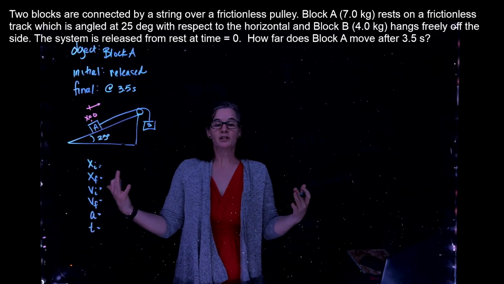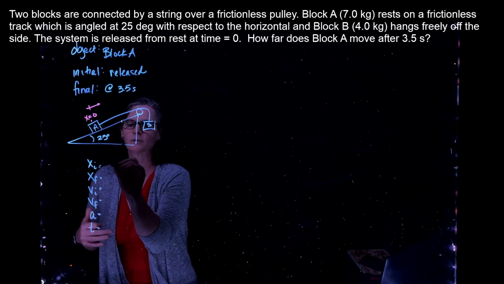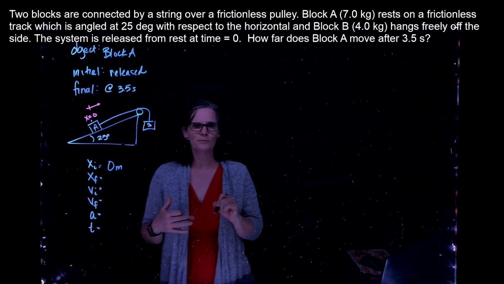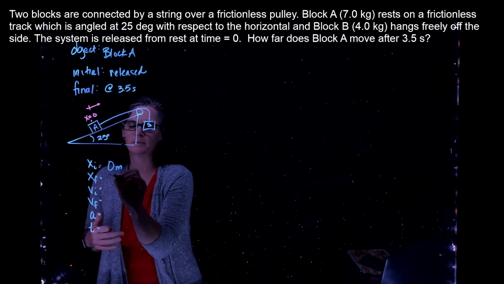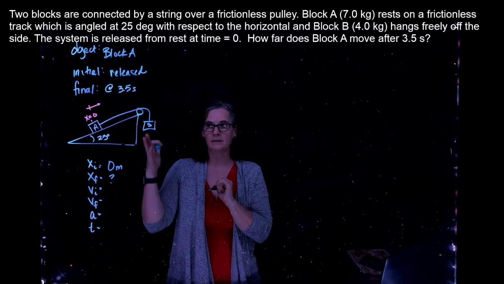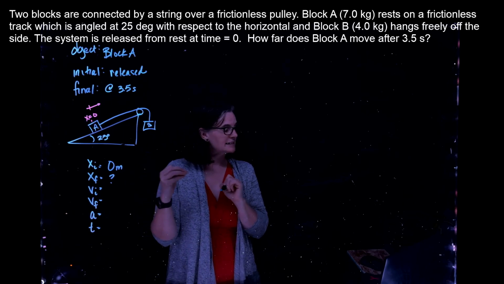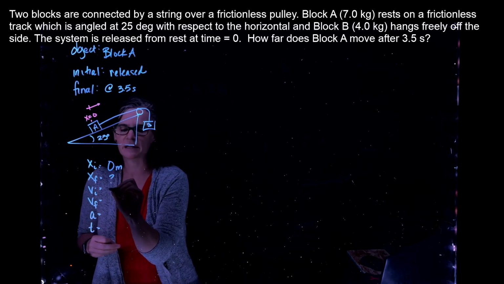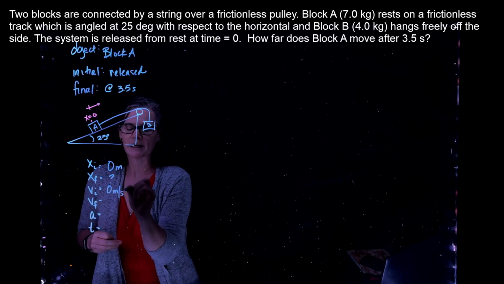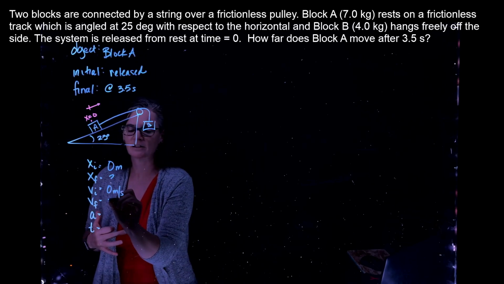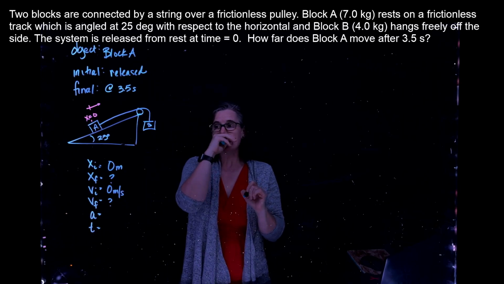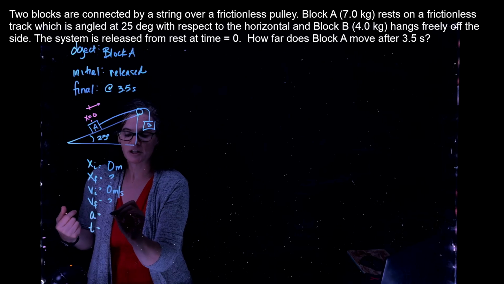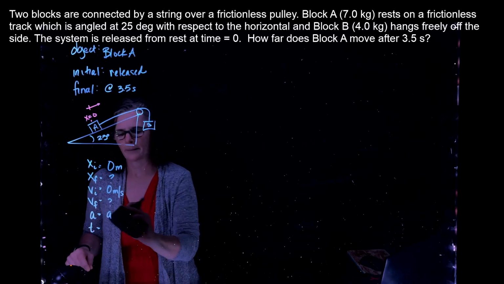So what's my initial position? Well, it's starting at the origin, so my initial position is indeed going to be 0. Don't know my final position, not part of the problem that's been given. My initial velocity, it says it starts from rest, so that's going to be 0 meters per second. Don't know how fast it's going when it ends. Don't know what the acceleration is. I'll put that as a question mark.